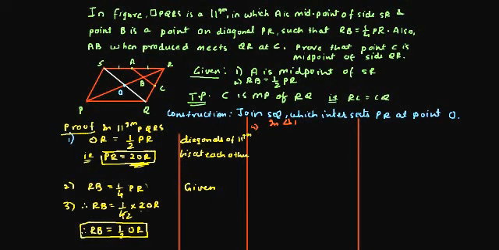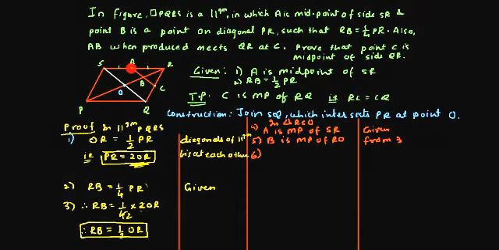In triangle RSO, A is midpoint of SR, which is given, and we just now proved that B is midpoint of RO from statement number 3.